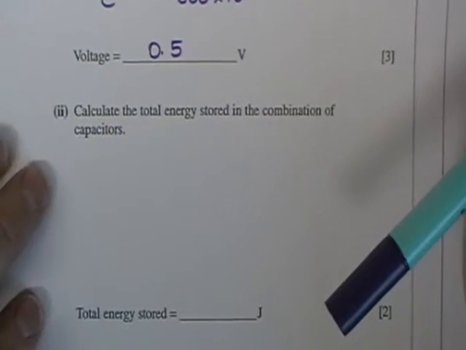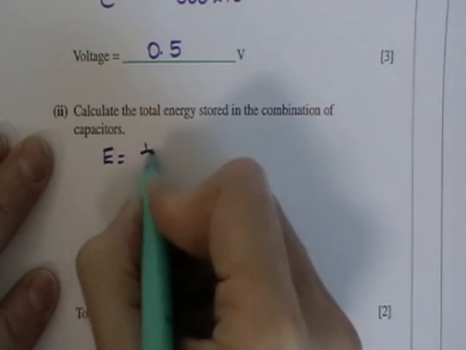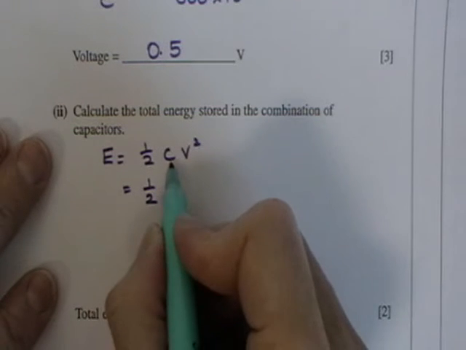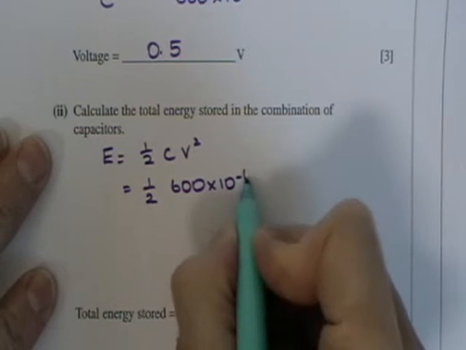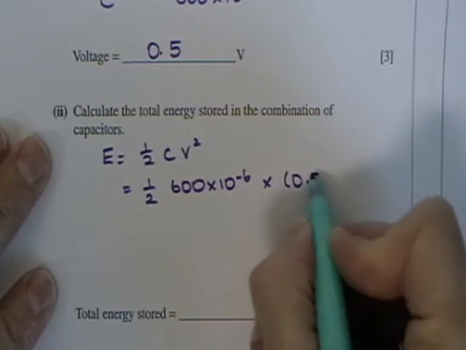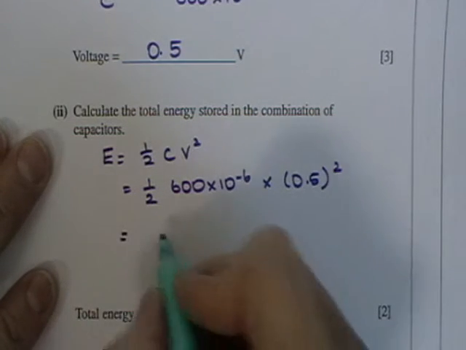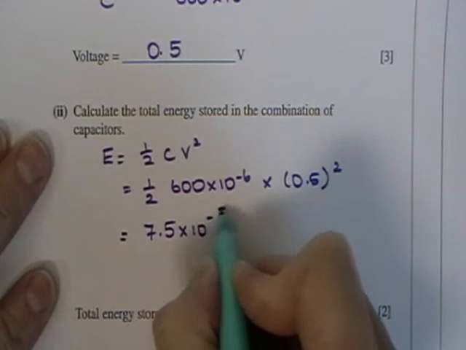Calculate the total energy stored in the combination of capacitors, and so E is equal to a half CV squared, and you use the totals. So the total capacitance we worked out a minute ago to be 600 microfarads, and the voltage is half, and it has to be squared, and that gives you an answer of 7.5 by 10 to the minus 5 joules.